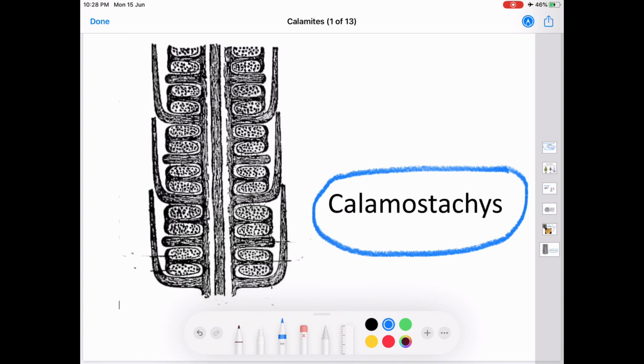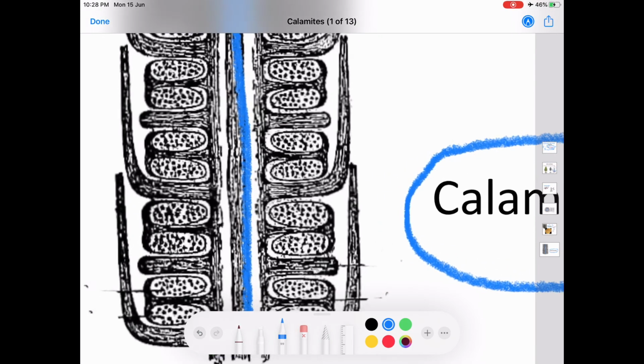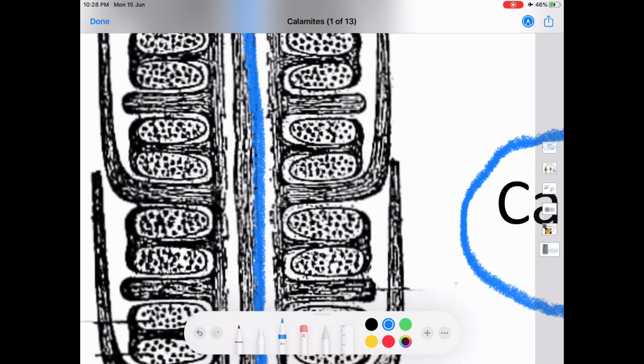The central axis carries whorls of sporangiophores. See, these are the sporangiophores, arranged in whorls.